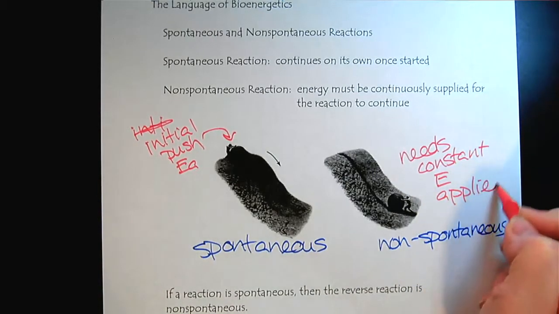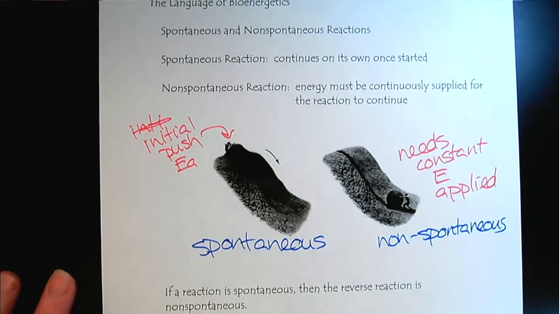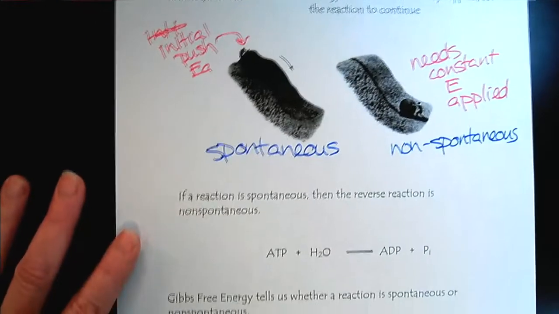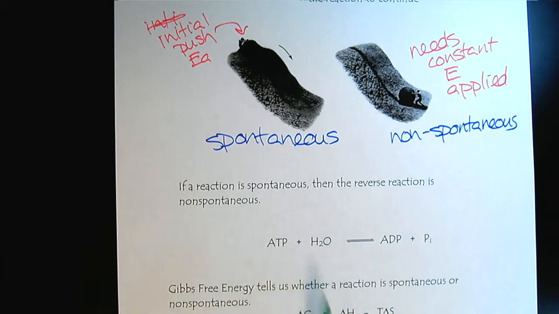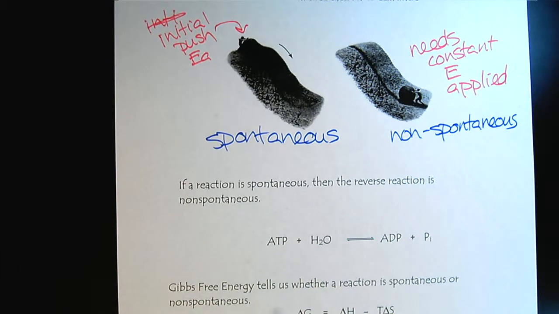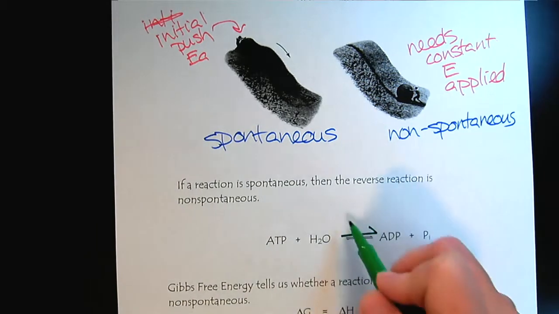Okay, so we've talked about it linguistically, and now we've had a diagram or a picture to help us really grab the essence of these words, spontaneous and non-spontaneous. So now let's think about them in terms of reactions. The hydrolysis of ATP, we will learn that that is spontaneous.